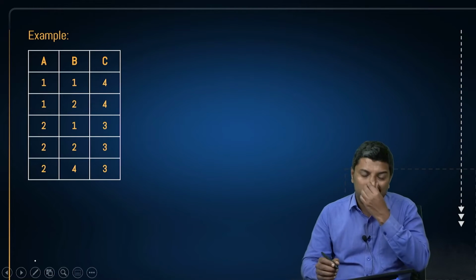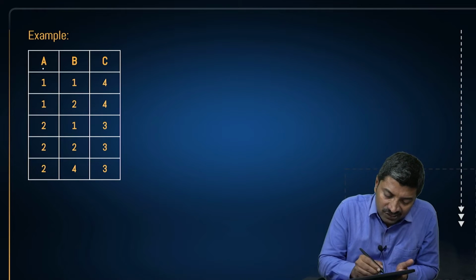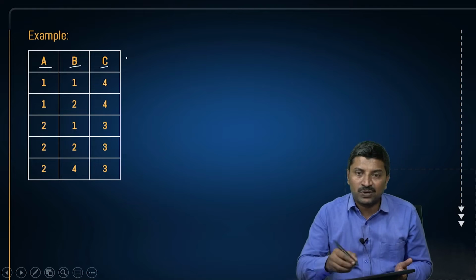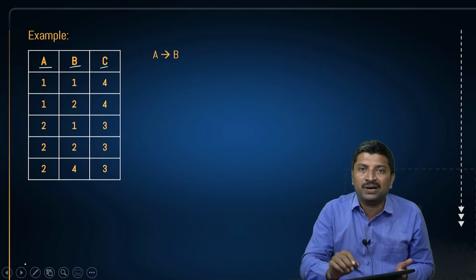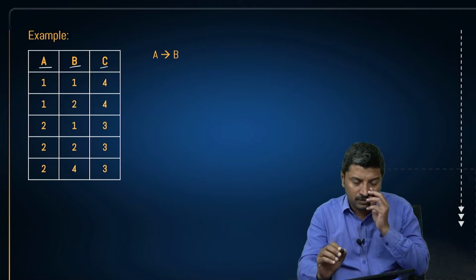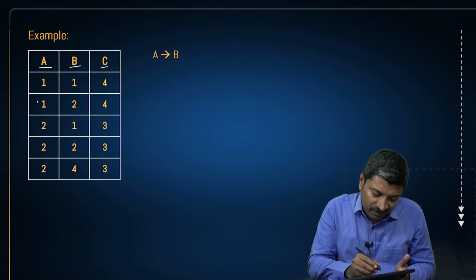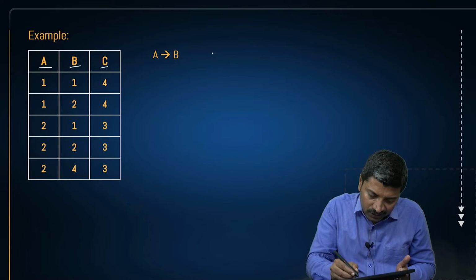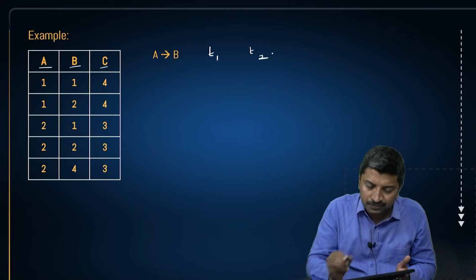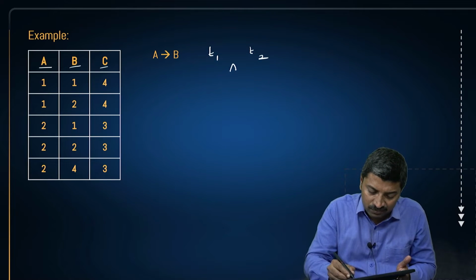The next example. Suppose I am having a relation with three attributes A, B, C. So let us verify some functional dependencies. The first one, A implies B. Let us verify it. Go to the column of A. Verify any two tuples which are having same values. In this case, T1 and T2. These two tuples are having same values.